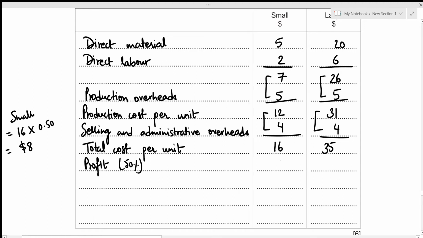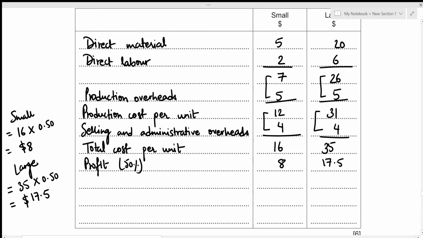Let's write it down. We repeat the same process for large sizes. We can see that the total cost for large sizes is 35, and if we multiply it with 50%, which we can write down as 0.50, this gives a total profit for large sizes per unit to be 17.5. Let's enter it as well.